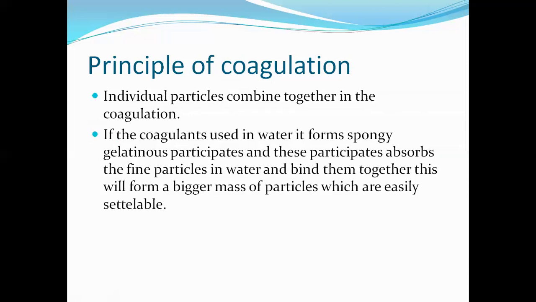When we add a coagulant into the water, it binds the fine individual particles together and forms a bigger mass of particles which are easily settleable. This is the process of coagulation.